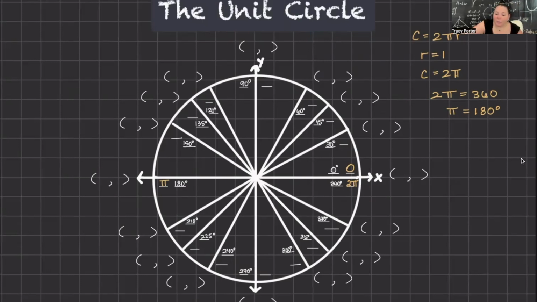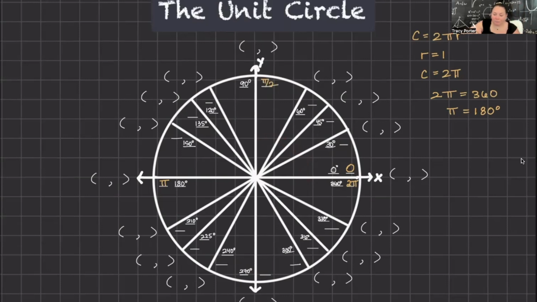Now, the next ones that you want to fill in are the ones halfway between those two. Halfway between 0 and pi would be taking pi and dividing it in half, so it'd be pi over 2.